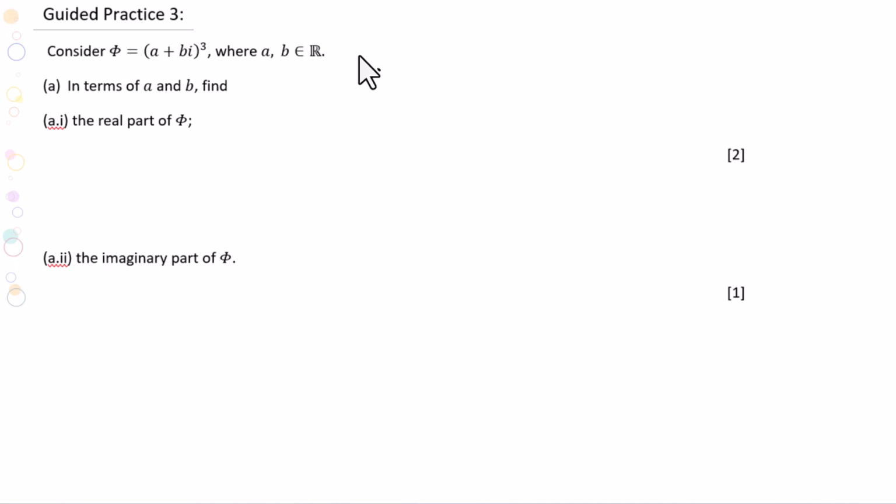Try to remember Pascal's triangle: 1, 1, 1, 1, 2, 1, 1, 3, 3, 1. So for (a plus b) to the third power, we will get coefficients 1, 3, 3, 1.